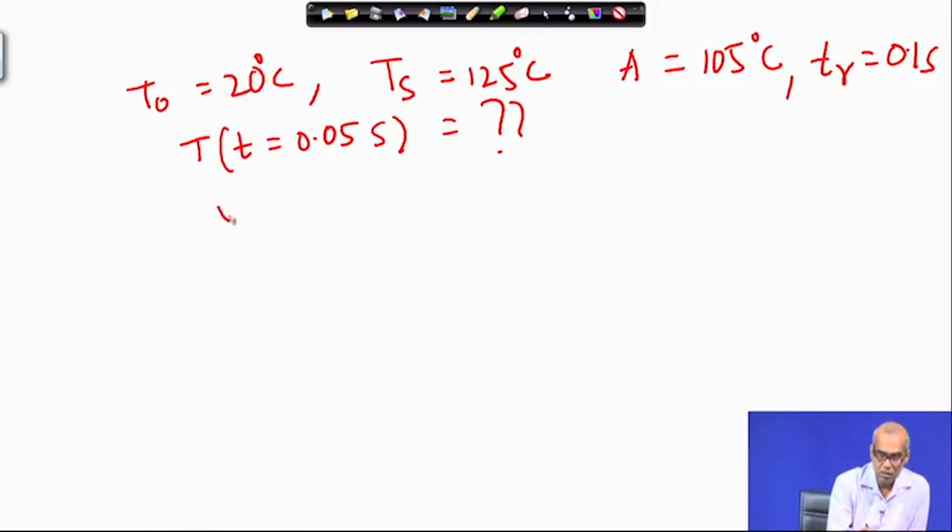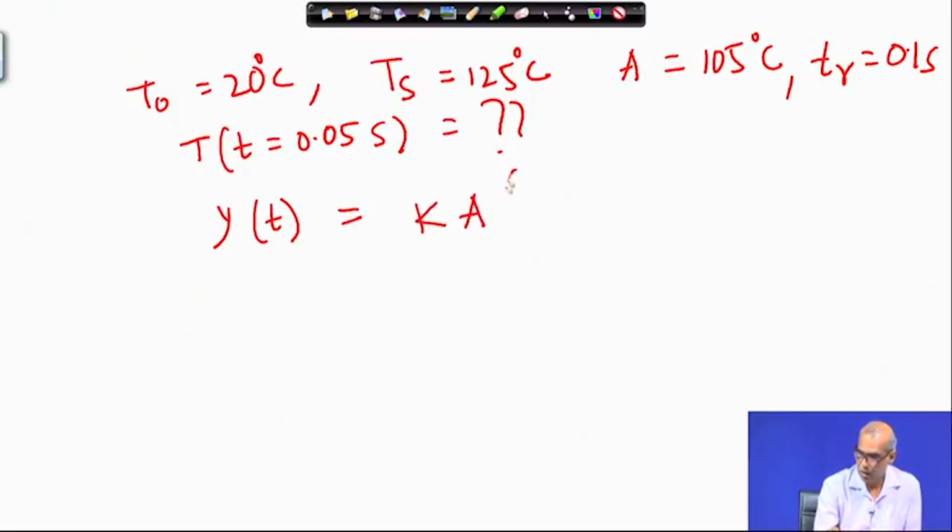We know the step response of a first order instrument is given as k A into 1 minus e to the power minus t by tau.